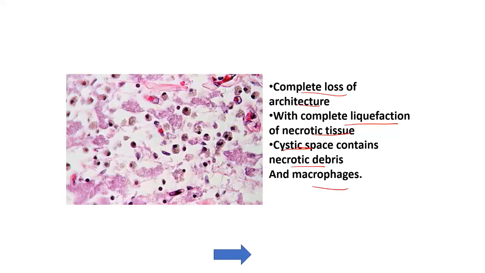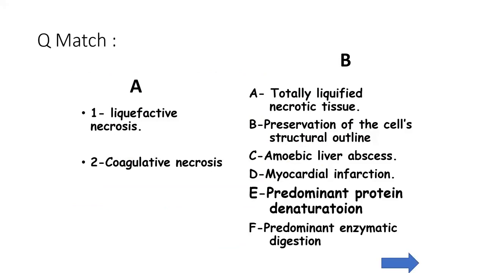Inside the abscess, you are going to have inflammatory cells in addition. So complete loss of architecture, complete liquefaction of necrotic tissue, and cystic spaces containing necrotic debris and macrophages are the features seen by the microscope in cases of liquefactive necrosis, especially in brain infarction.